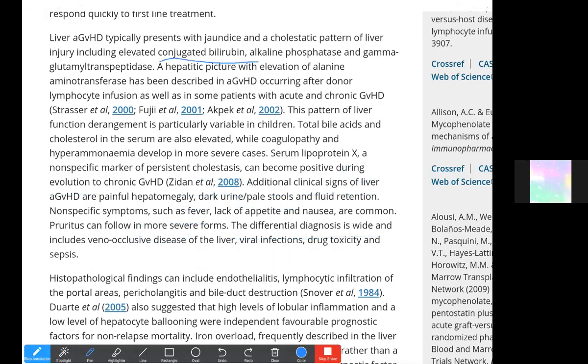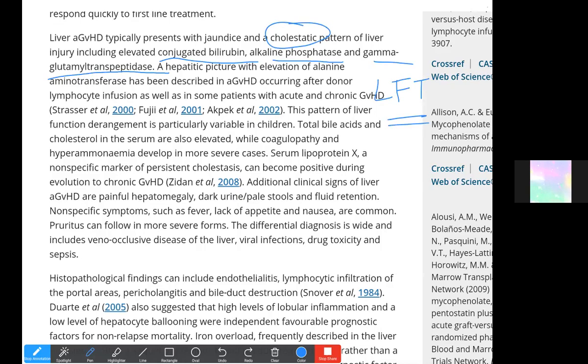And alkaline phosphatase would be raised along with GGT, gamma glutamyl transpeptidase. So this is the cholestatic pattern of liver involvement, and in this case LFTs would also be of help, because we can see the conjugated bilirubin raised, alkaline phosphatase raised, and GGT levels also raised.